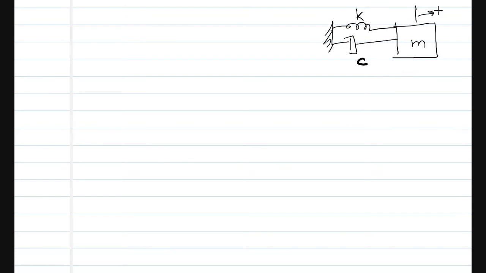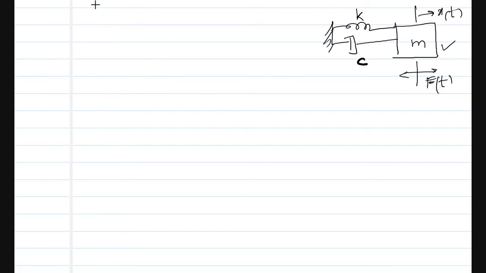So there is a motion x of t here. Now, in forced vibration, you consider that there is a sinusoidal or continuous periodic force that exists on this mass. There is a continuous force, F of t, that is exerted on this mass.